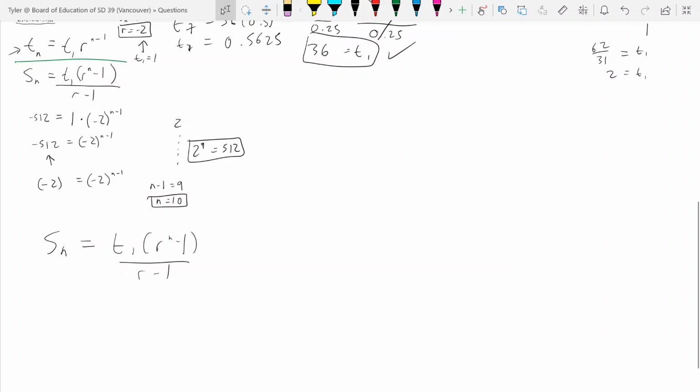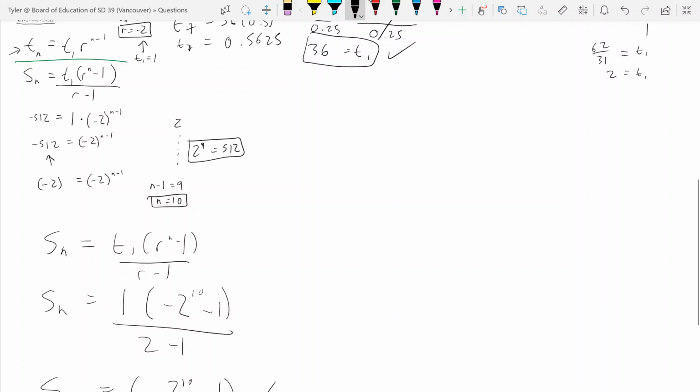T1 was 1, r was -2, to the power of 10 minus 1, over -2 minus 1. So it's going to be -2 to the power of 10 minus 1. Do that on our calculator. I got 1024 minus 1, which is the same as 1023.